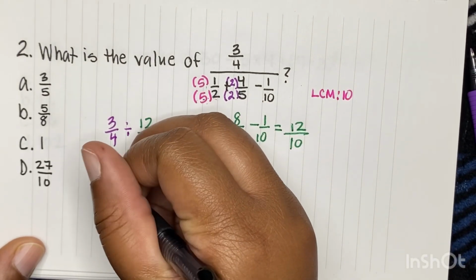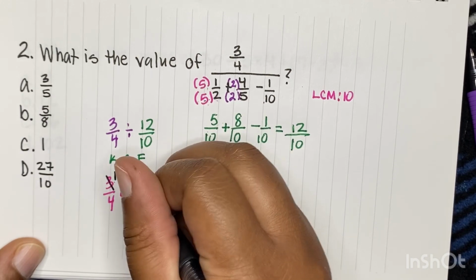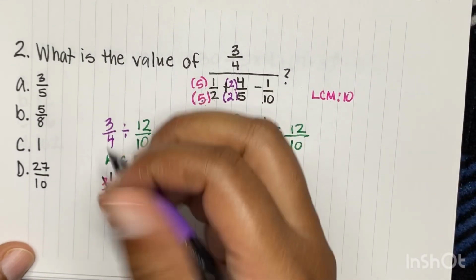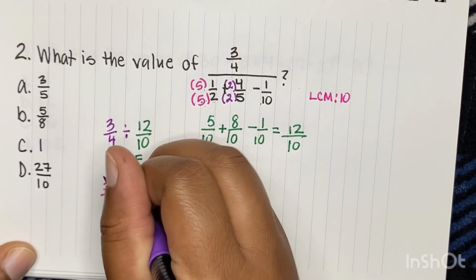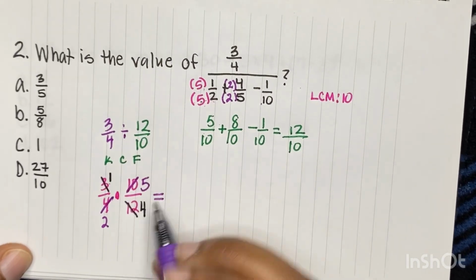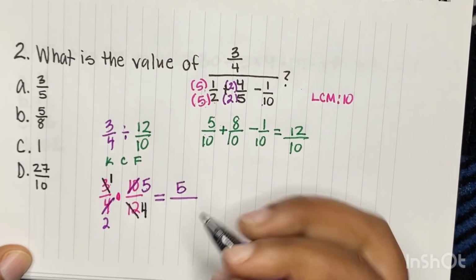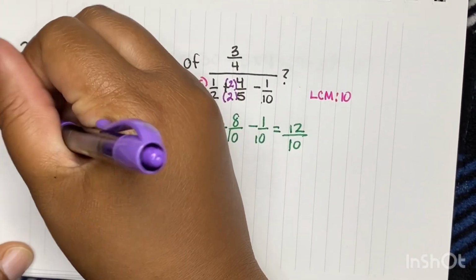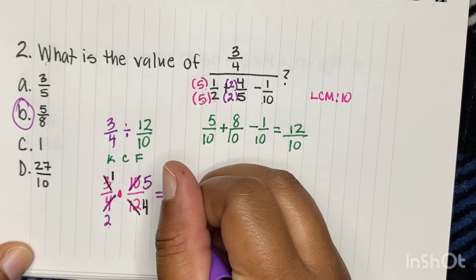So 3, if we divide, this goes to 1, and 3 goes into 12 4 times. But I can also divide this by 2 and divide this by 2, and that will be 5. And then we can multiply. 1 times 5 gets us 5. And once I see this, I'm looking at my answer choices. I know B is my answer. And 2 times 4 gets me 8.